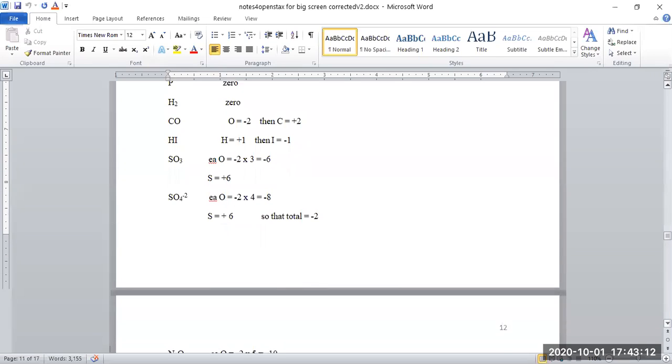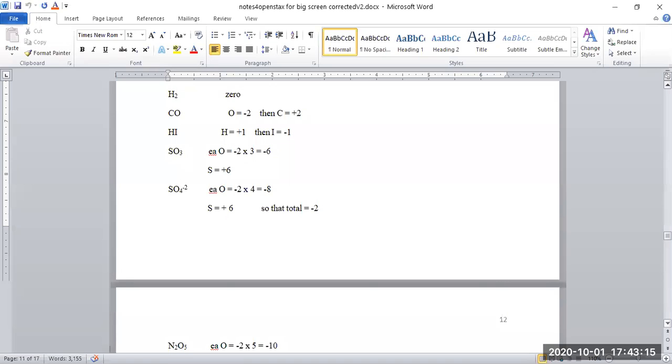But then we look at sulfate. Now, this one is not a neutral substance. It's a polyatomic ion. We have 4 oxygens. Each of them is -2, so that's 8 negatives. I want 2 of them to not be canceled out. So my sulfur is +6 again, but note that doesn't match. I have 8 negatives and 6 positives.